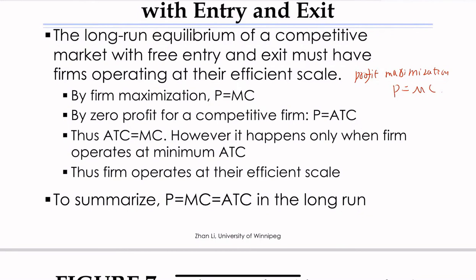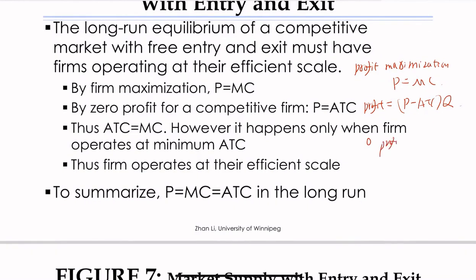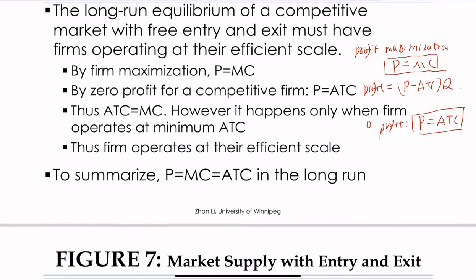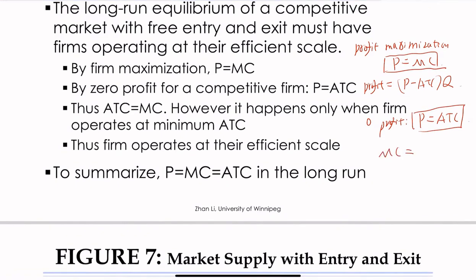We know that profit equals (P minus ATC) times quantity. So if a firm is earning 0 profit, then this implies price equals ATC, right? If we combine these two results, we can see that marginal cost equals ATC, right?